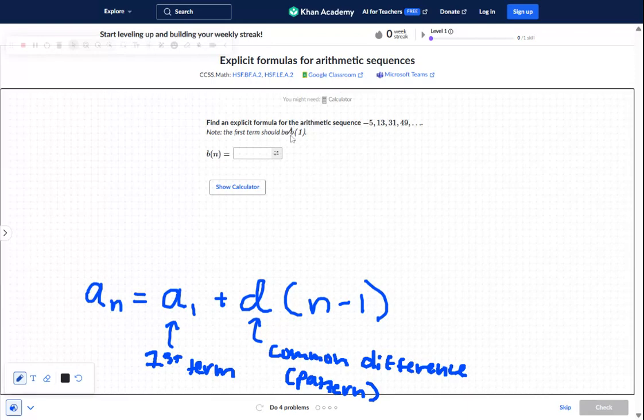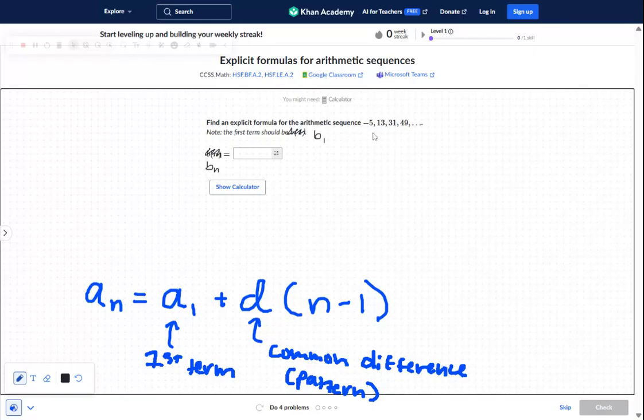So this is just saying first term should be b sub 1, and this parenthesis is just saying b sub n, so subscript, right? B or A or whatever the letter is doesn't really matter. In this case they're just using B, so don't be thrown off. You're like, oh my gosh, it's so different. It's saying the same thing. Remember, a variable is just a letter, some unknown.